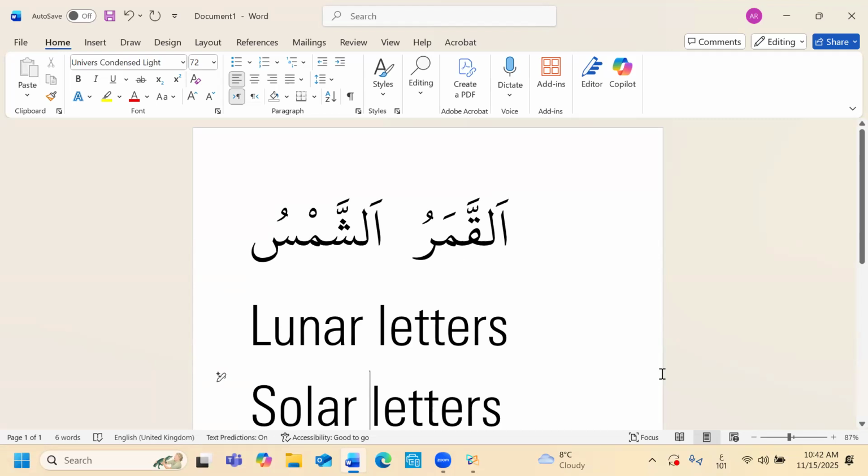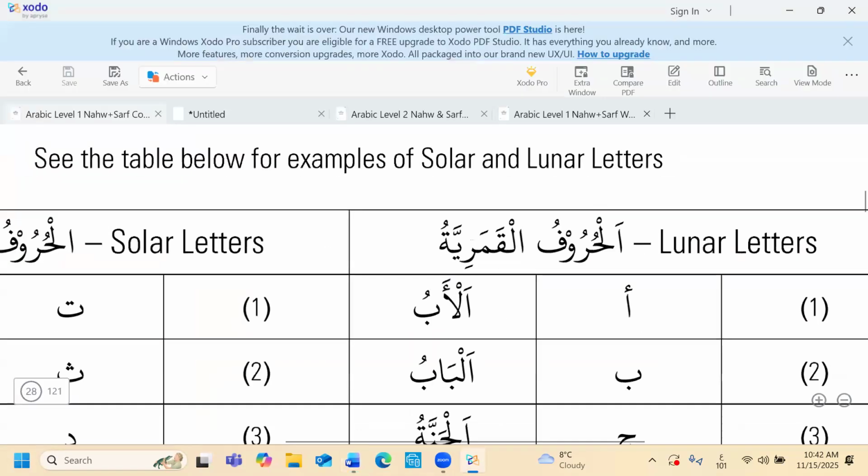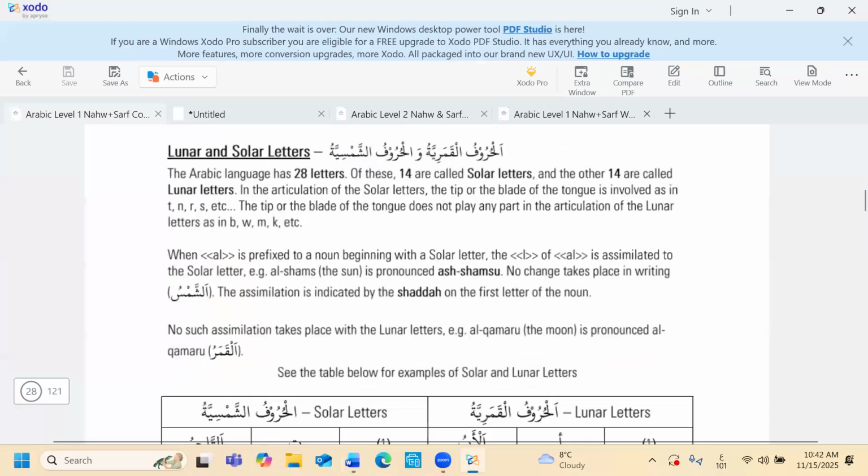Now, one way to figure this out comes down to a bit of tajweed. You haven't started tajweed yet, have you? Yeah. So maybe you can use this as a rule.